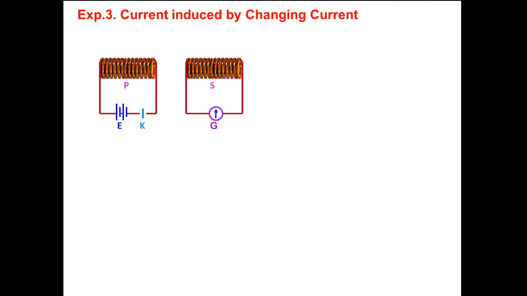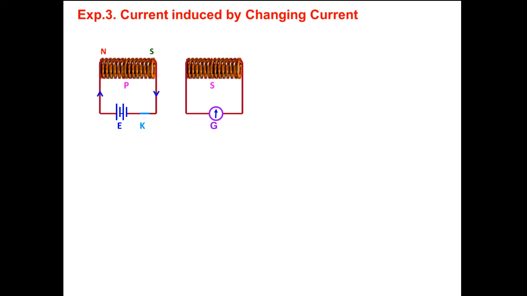Earlier we have seen either one is in relative motion, either the magnet or the coil. Here say a coil containing a battery and a key, but here the key is in off mode, and another coil is connected with the galvanometer. When the switch is on, there is a deflection in the galvanometer.